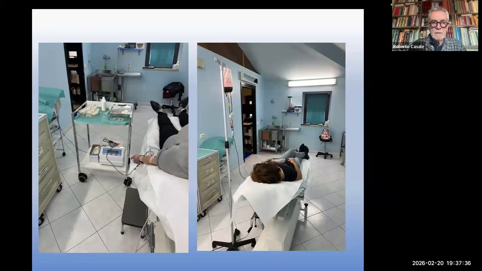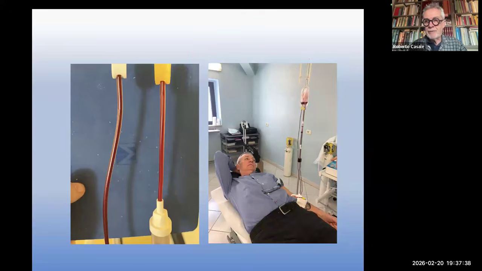That's all. And as you can see, this is myself a few years ago, under an infusion. On the left side of the slide, you can see the different color of my blood. On the left was the blood out, and on the right, the blood in. The blood in was more red because it was ozonized.